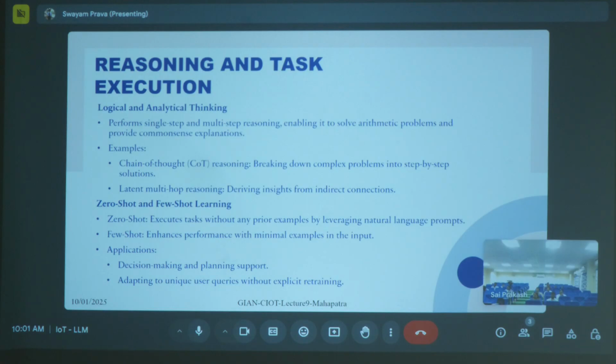It relies entirely on natural language prompts. And in few-shot learning, the model is given a few examples to guide its response. This enhances its accuracy and performance for more specialized tasks. The applications here would be in decision making and planning support and adapting to unique user queries without explicit retraining.